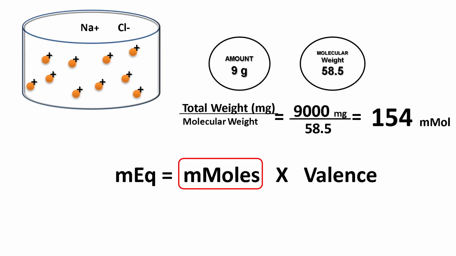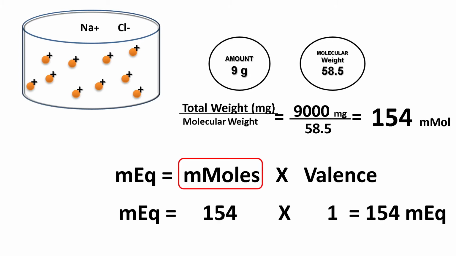Now let us convert the millimoles into milli-equivalent. We know milli-equivalent is equal to millimoles multiplied by the valence. Here, we know that there are 154 millimoles of sodium chloride. The valence of the salt sodium chloride is 1.